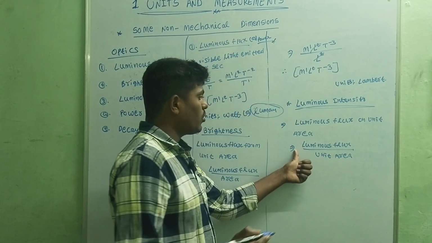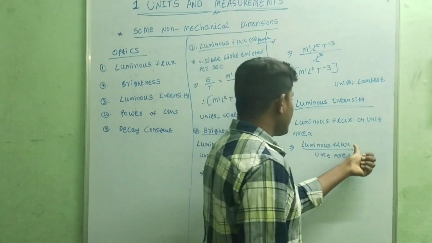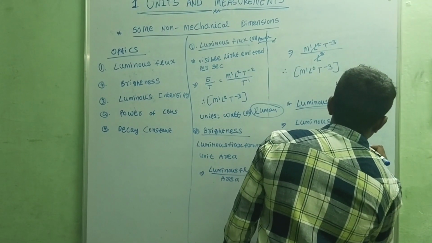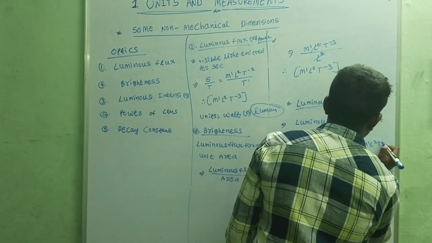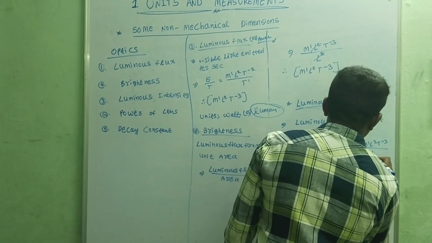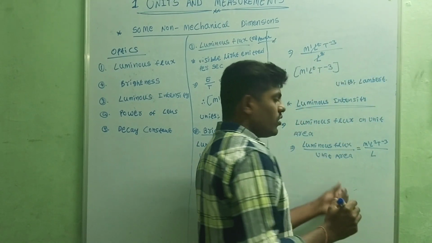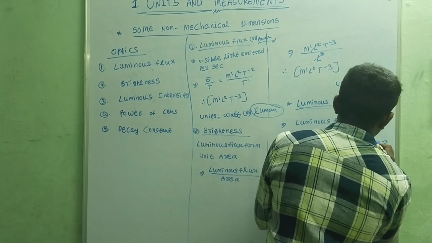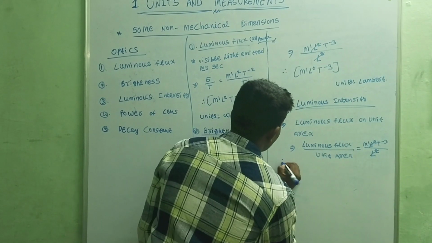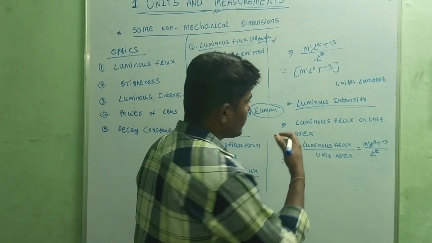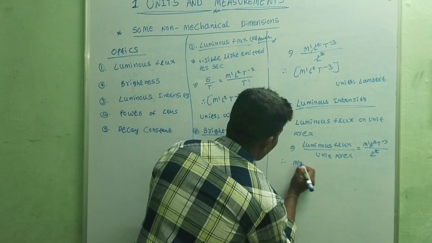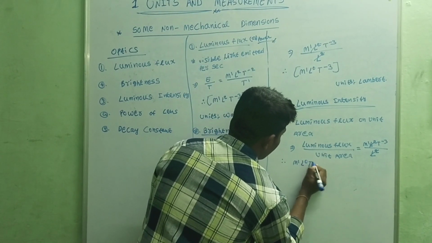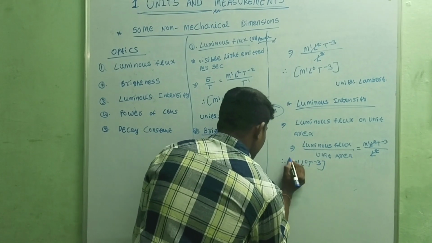Already we know the dimensions of luminous flux are M1 L2 T minus 3, and the dimensions of unit area, L2, will get cancelled. Therefore the dimensions of luminous intensity are M1 L0 T minus 3.